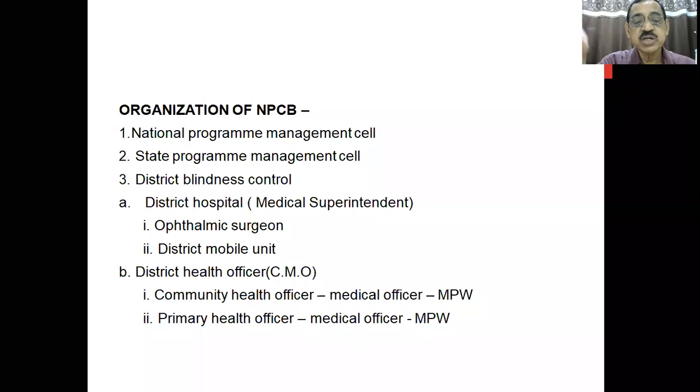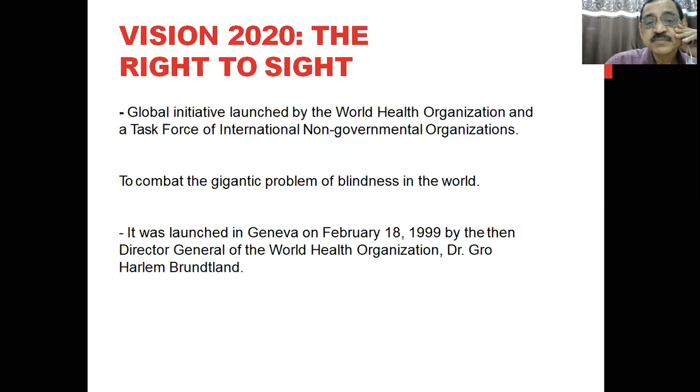So the medical superintendent, ophthalmic surgeon, and district mobile unit will also be there. The District Health Officer, Chief Medical Officer, or Community Medical Health Officer, and mid-level program workers and all these will be there. In primary health centers, we have the Primary Health Officer, a medical officer, and also the MPW.